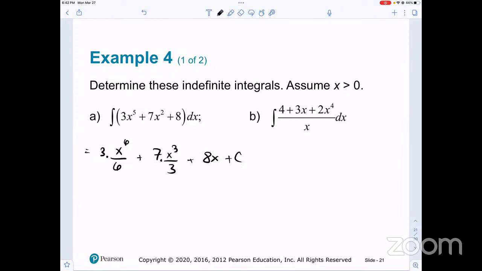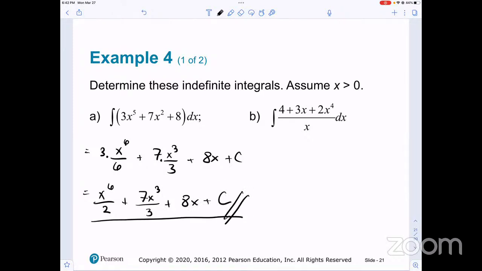If we simplify, we get x to the 6 over 2 plus 7x cubed over 3 plus 8x plus a constant.